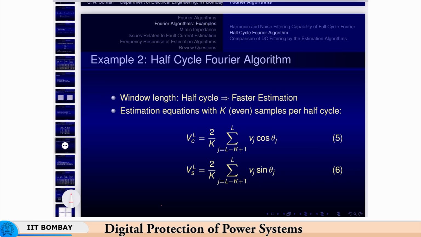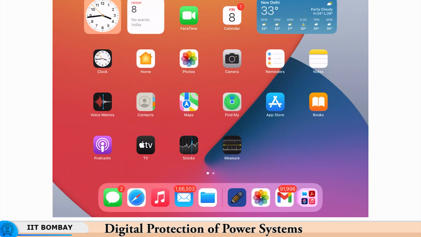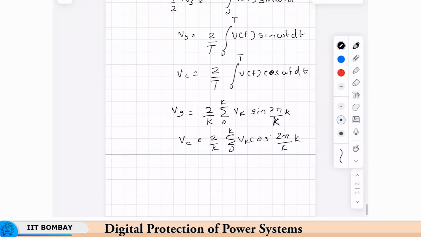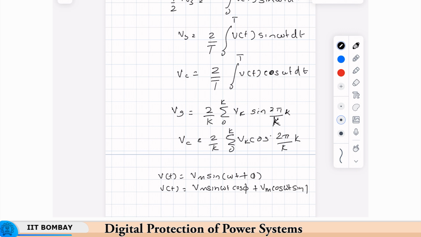So, now earlier in the earlier example, we did this, right. We will do the same thing. Vt is equal to Vm sine of omega t plus phi. So, Vt is equal to Vm sine omega t cos phi plus Vm cos omega t sin phi.